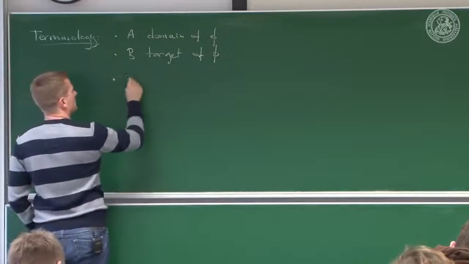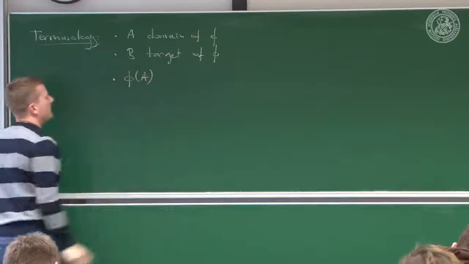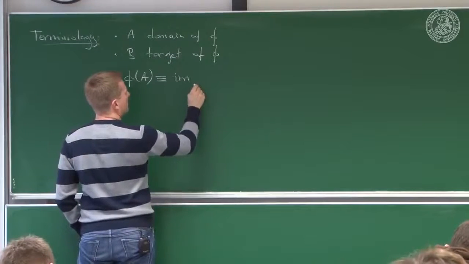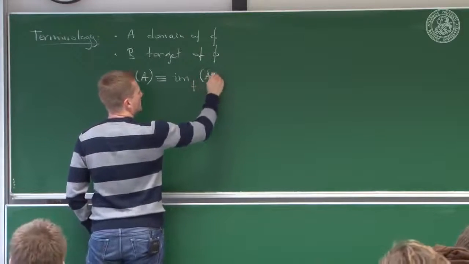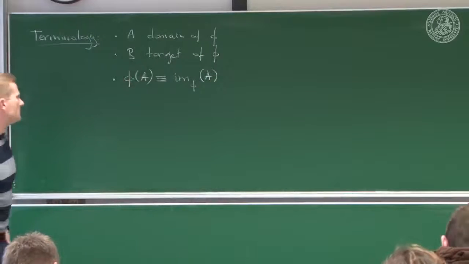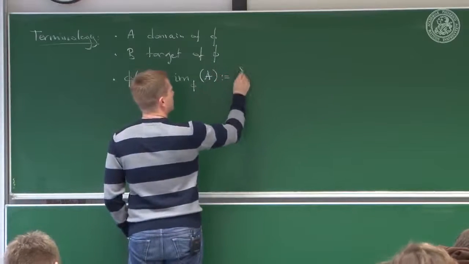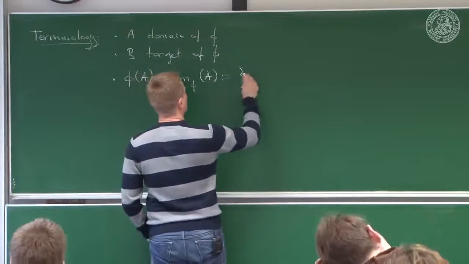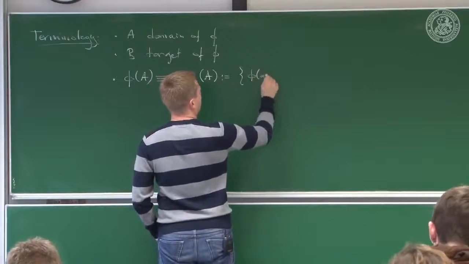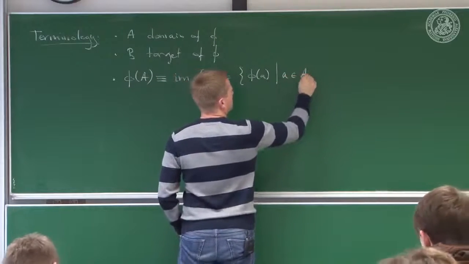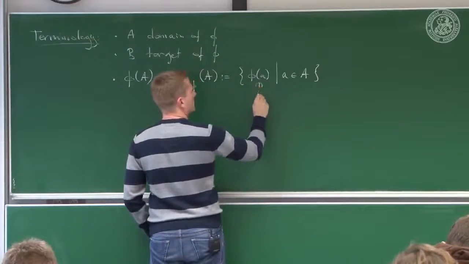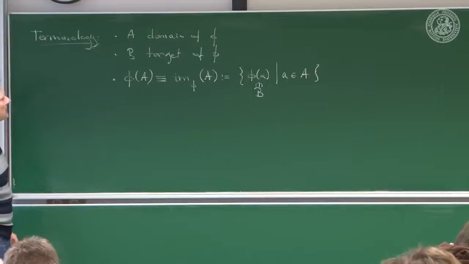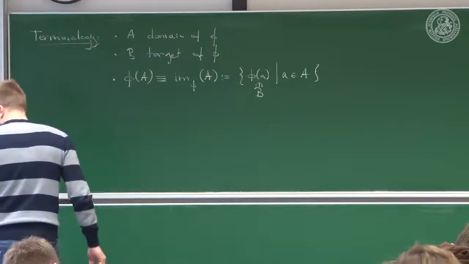Then there is an object that we write down as phi of A, or sometimes the image of the set A under the map phi, and it is nothing but the set defined by restricted comprehension: the set of all phi of a, where a comes from A, and of course we know that this must lie in B by definition, so it's really restricted comprehension. We can define it like this.